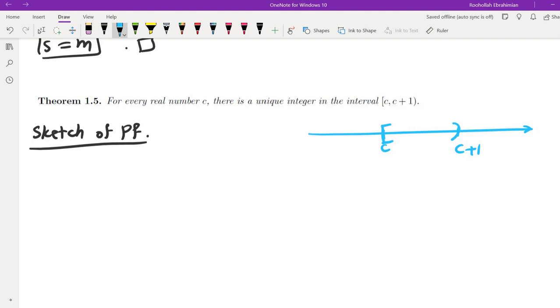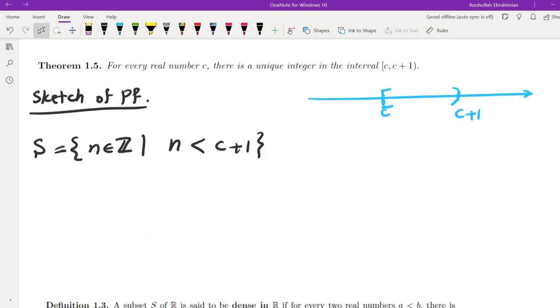So we have to show there is an integer, and then we have to show there aren't more than one integer. So first, the existence of an integer. So what we're going to do is we're going to take this set of all integers n such that n is less than C plus 1.